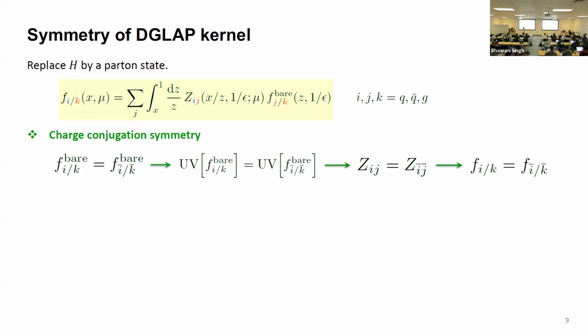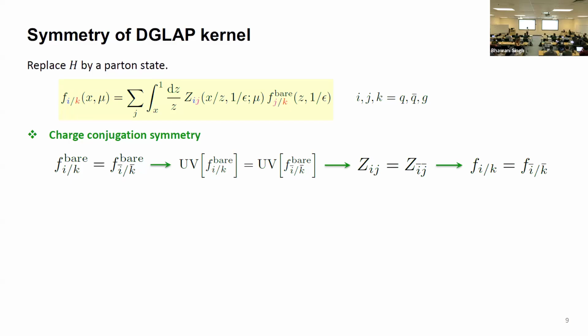And now we want to understand a few symmetries for these renormalization constants. The way to do that is we notice that the renormalization constants are UV divergence properties. And therefore, if we look at the bare PDF, the bare PDF has a symmetry, the charge conjugation symmetry.